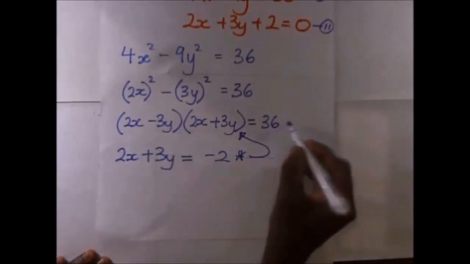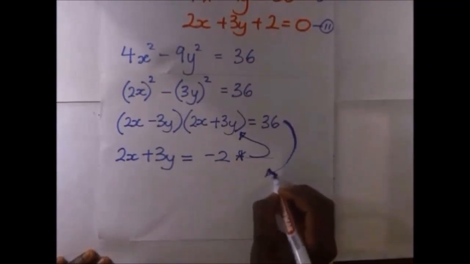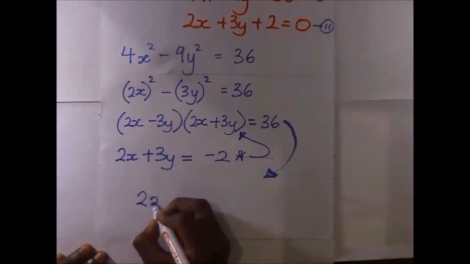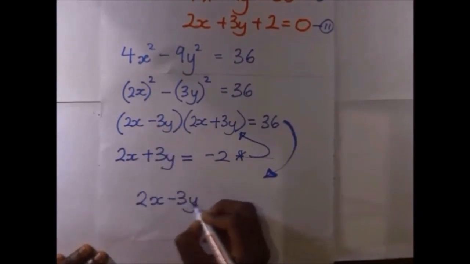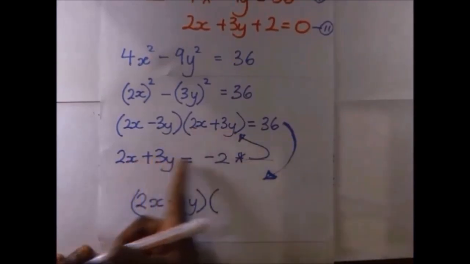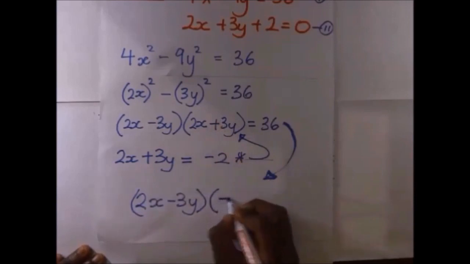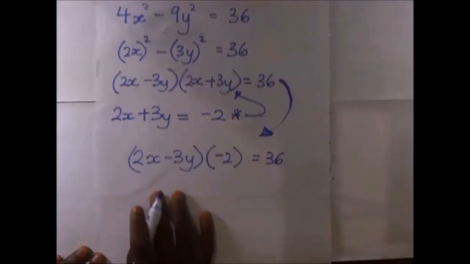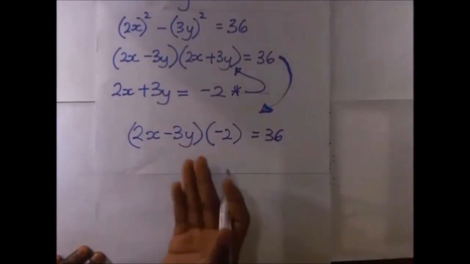So we continue here and say that 2x minus 3y multiplied by 2x plus 3y, which is equal to negative 2, is going to give us 36. So we simplify this.